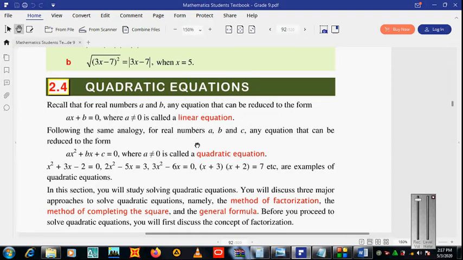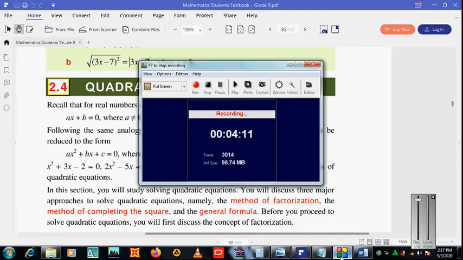Following the same analogy, for real numbers a, b, c, any equation that can be reduced to the form ax squared plus bx plus c is equal to 0, where a is different from 0, is called a quadratic equation.